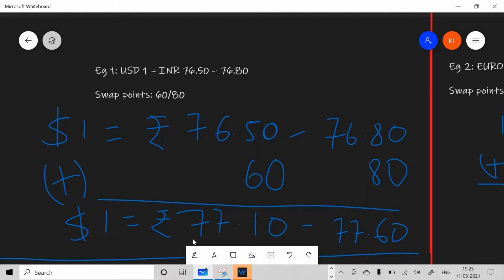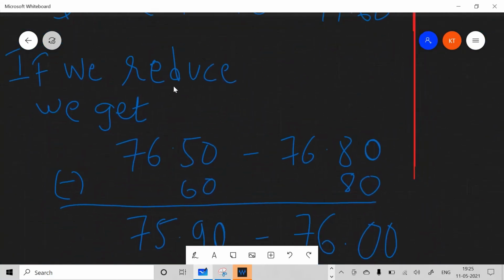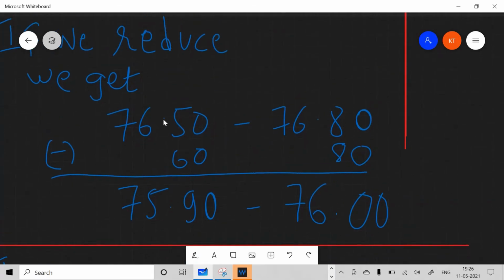This sounds logical, but what if we reduce these swap points? So if we reduce, we would have got $1 equals 75.9 to 76 rupees. And this means that the cost of buying reduces by 60 paisa, and at that time the bank reduces its selling price by 80 paisa.